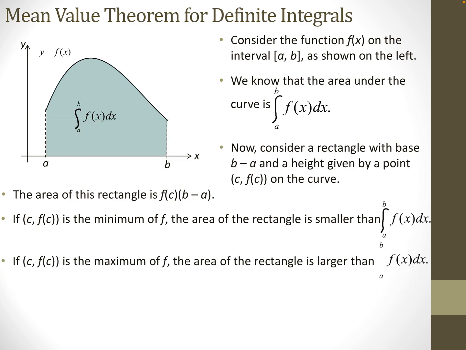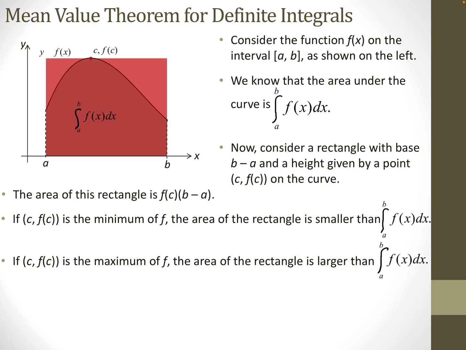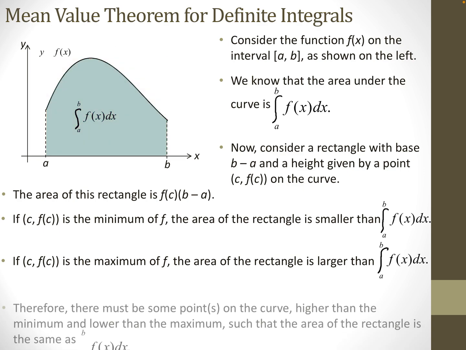Now, if we use the maximum, then the area of the rectangle will be larger. So if we use something like this, we get a larger area. Again, you're unimpressed. And this is the beauty of the mean value theorem. Each step along the way you look at and go, well, yeah, of course. And then some giant conclusion comes out of the mean value theorem when you do things like that.